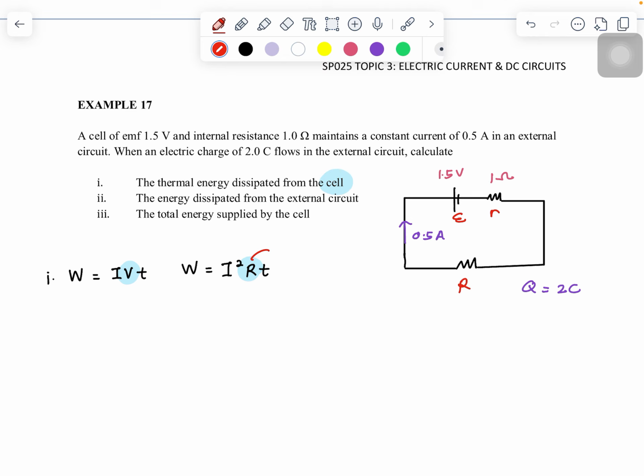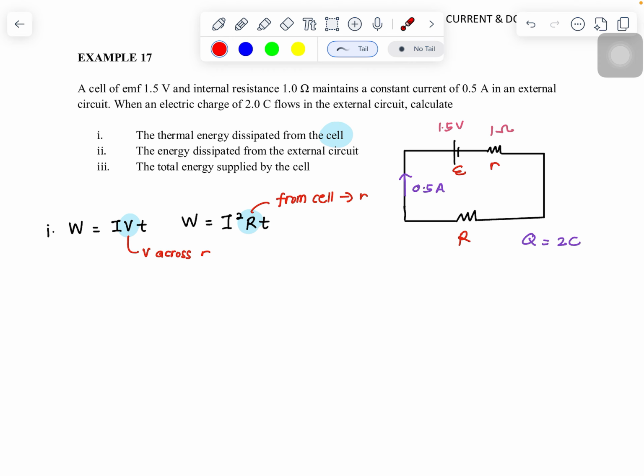But resistor can be any kind of resistor. So here, since it is from the cell, it must be internal resistor. So maksudnya V dekat sini adalah voltage across internal resistor also.